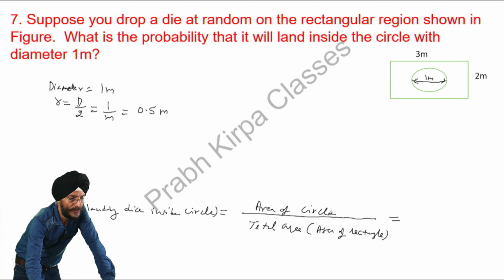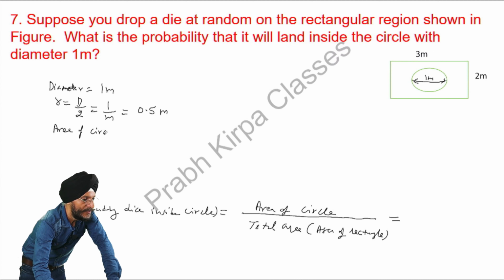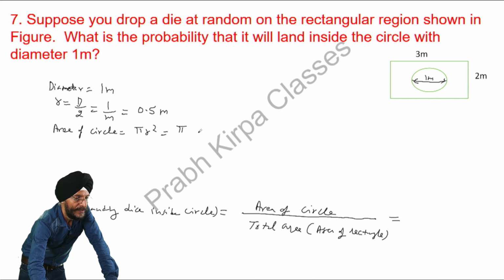So to find out the area of the circle, its formula is pi r square. Here r stands for 0.5, so 0.5 into 0.5.